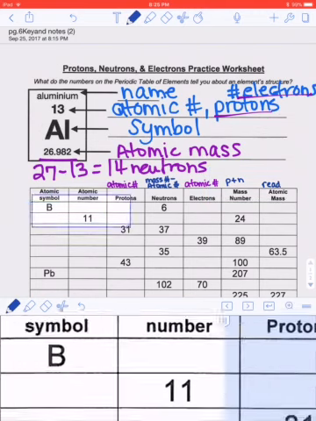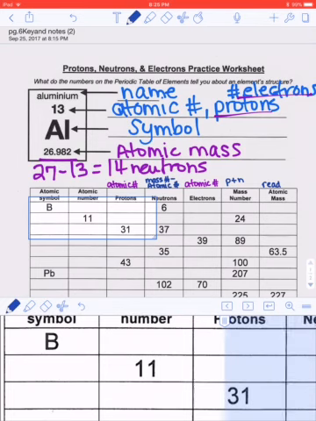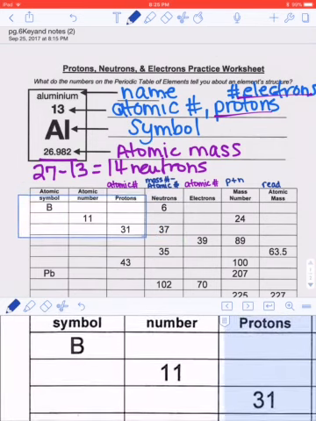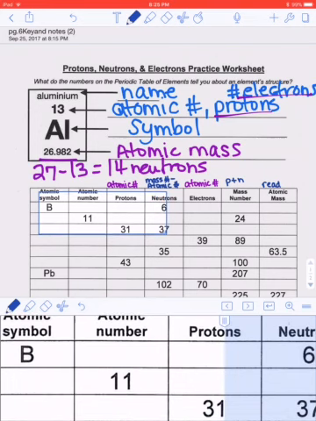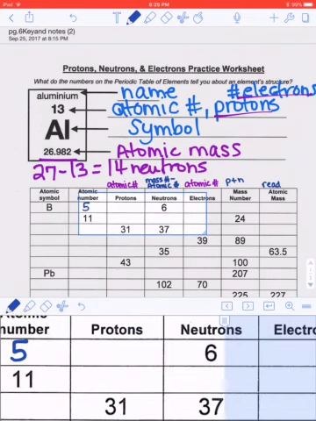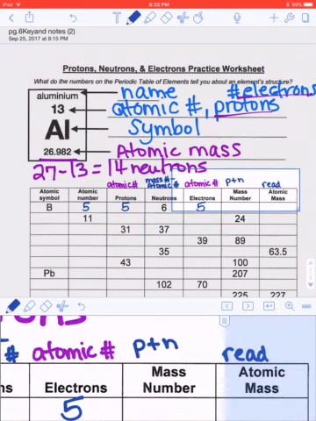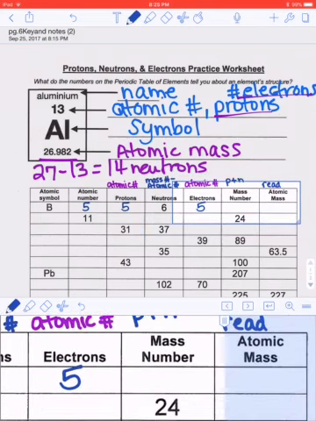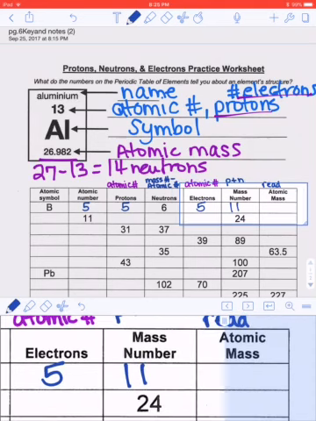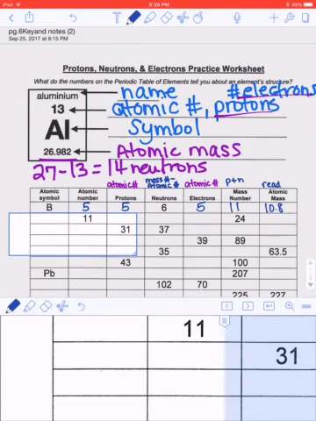Okay, so I'm going to go over the ones that you had to do for homework. So for number 1, you have to find B on your periodic table. Its atomic number is 5, so that means it has 5 protons, 5 electrons. The mass number is the number of protons plus neutrons. 5 plus 6 is 11. And the atomic mass read from the periodic table is 10.8.